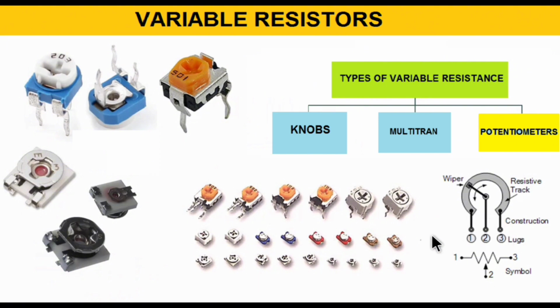The first and third of these 2 bases have 20 kilo ohms as the resistance value. Now we turn this second base, which is the middle base, 1 round from here to here. It changes between 0 ohm and 20 kilo ohms.